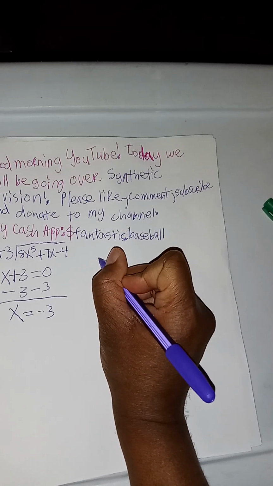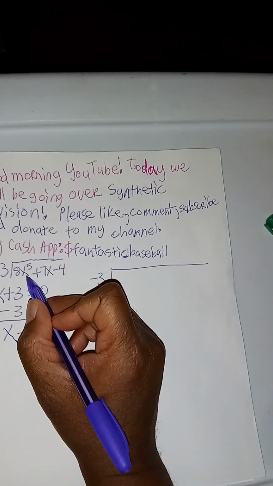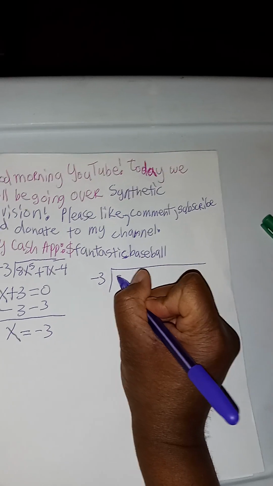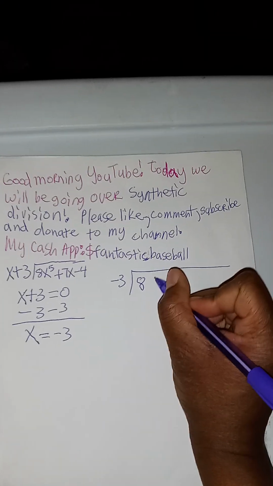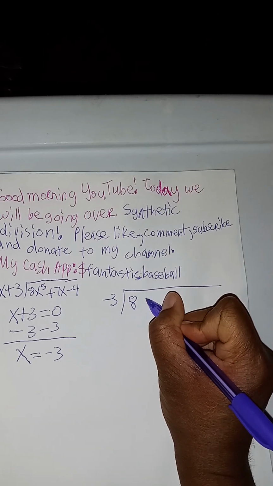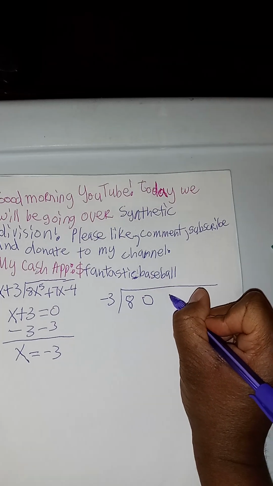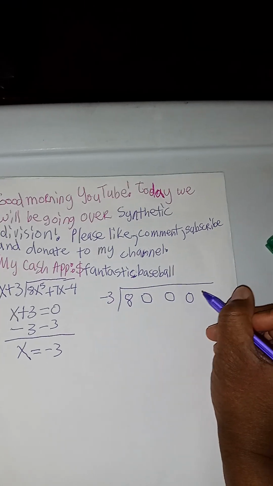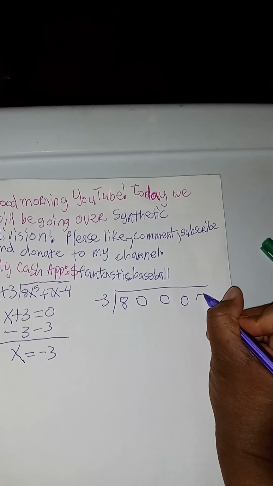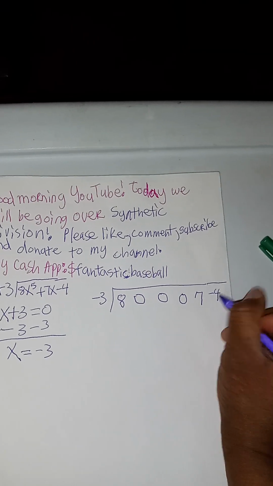So -3 will go here, and then 8, representing the coefficient for x to the fifth power, then 0 for x to the fourth, 0 for x to the third, 0 for x squared, 7 for the x, and then the constant of -4.